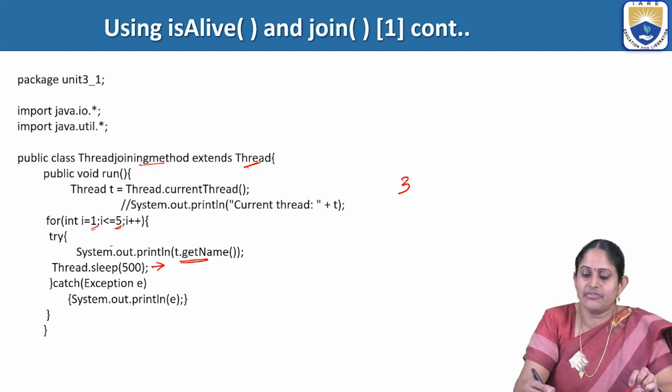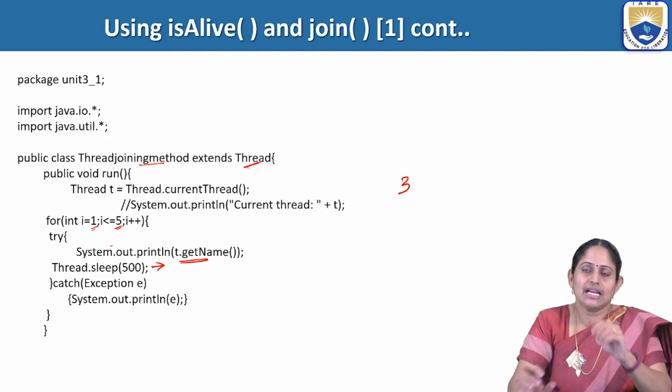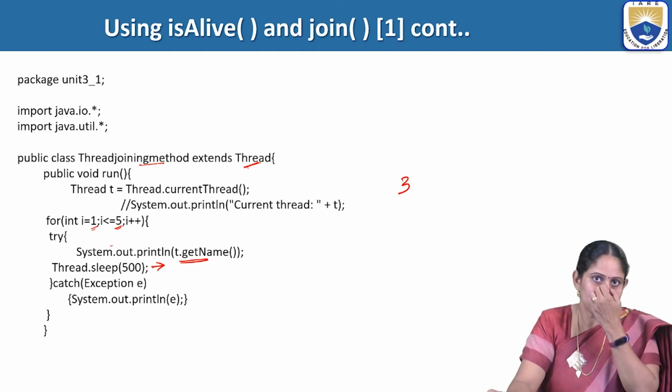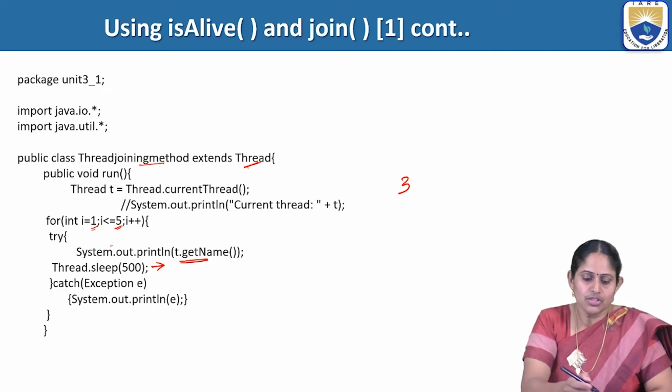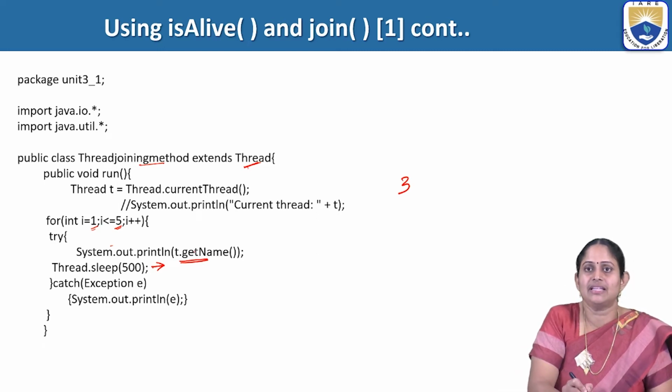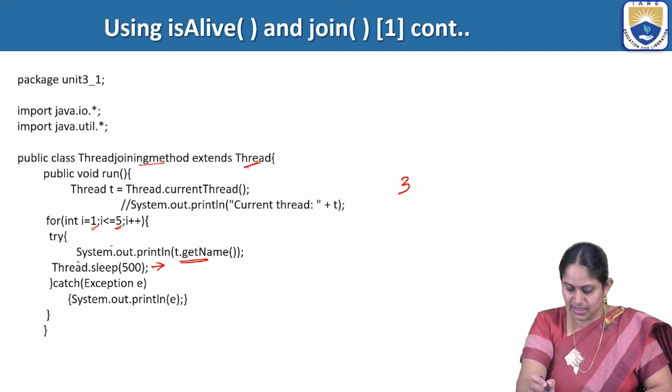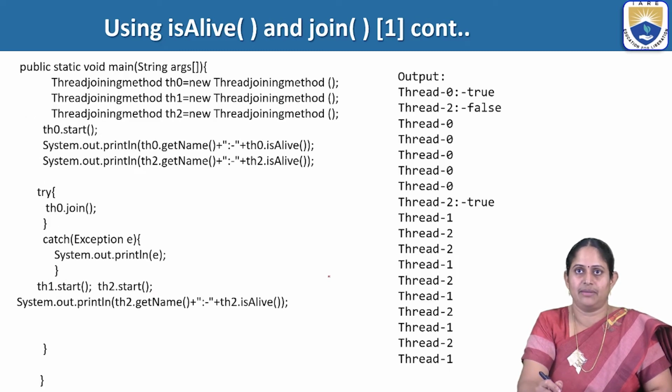So what happens if we don't make use of join? The output will come in an interleaved manner, and that order is determined by the operating system. Inside our thread, we are simply displaying the name of the currently executing thread 5 times.